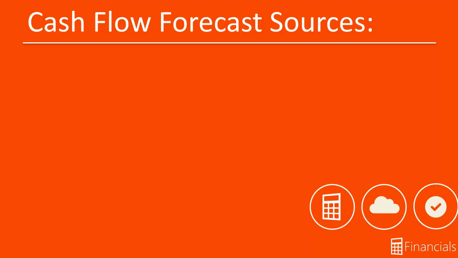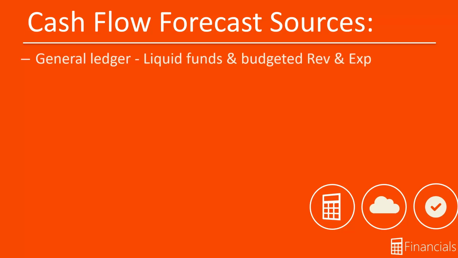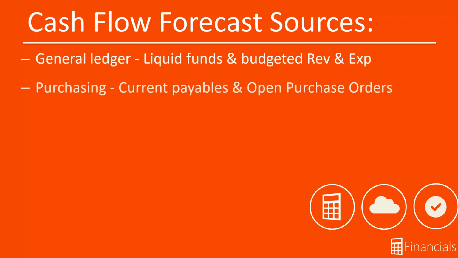Financials for Office 365 reads your transaction data and produces your cash flow forecast from the following areas. The general ledger, which is information about the liquid funds and the budgeted revenues and expenses of your company. Purchasing information about the current payables and any forecast debts from open purchase orders.